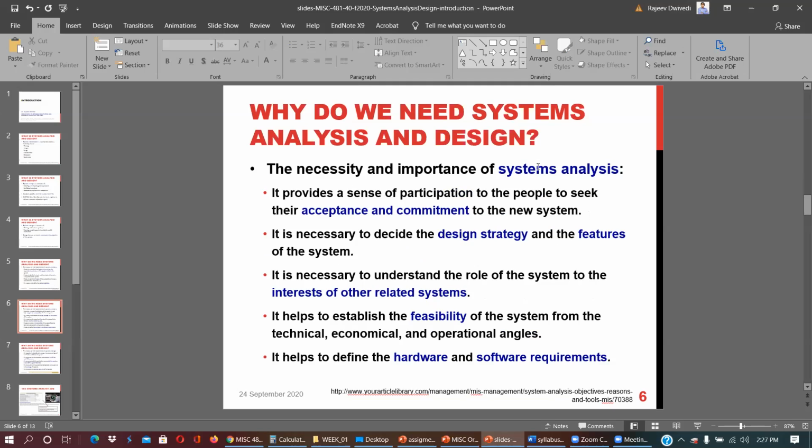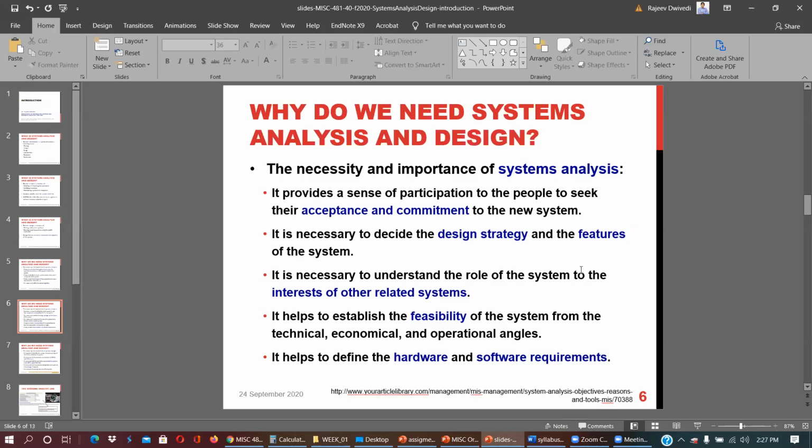It provides a sense of participation to the people, to seek their acceptance and commitment to the new system. It is necessary to decide the design strategy and features of the system, and to understand the role of the system in the interest of other related systems.